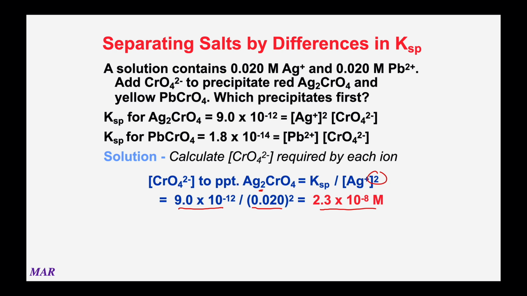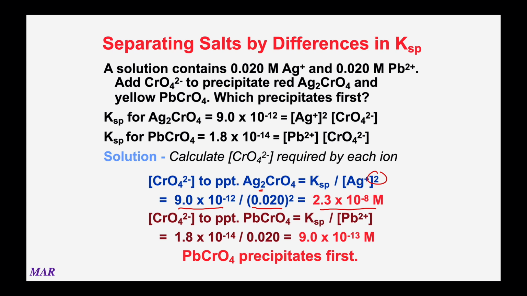But we should check the lead 2 chromate as well, of course. So let's do the same kind of calculation, but for lead 2 chromate. KSP equals Pb2+ times chromate, or chromate equals the KSP number given divided by the lead concentration, and lo and behold, 9.0 times 10 to the minus 13th.